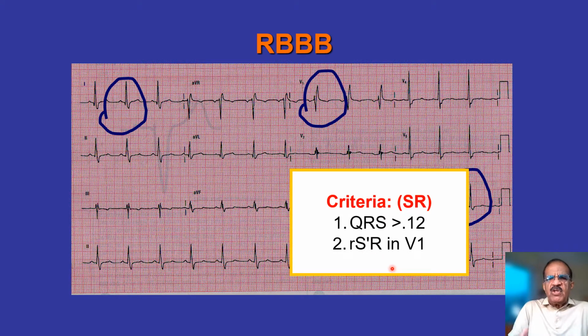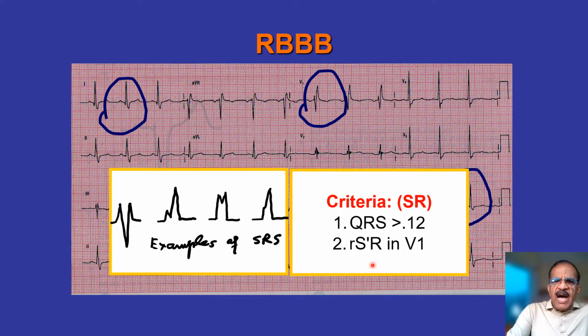Prime is something which is additional. So you have an RSR pattern in V1. So I think the diagnosis is easy. If you have an ECG which has a sinus rhythm, QRS complexes broader than 0.12, and we have an RSR pattern in V1, this is enough to make a diagnosis of right bundle branch block.